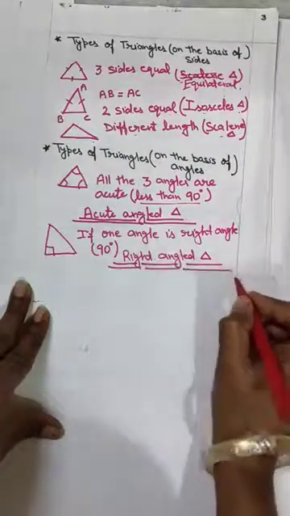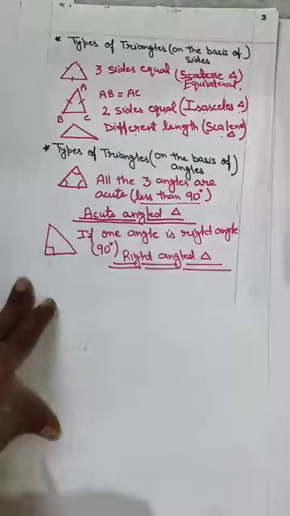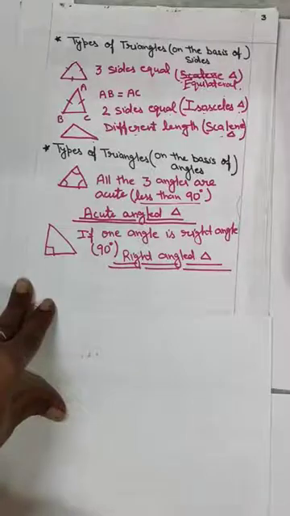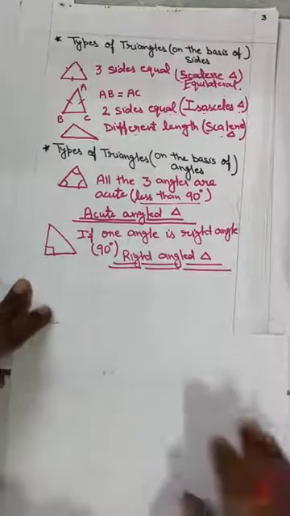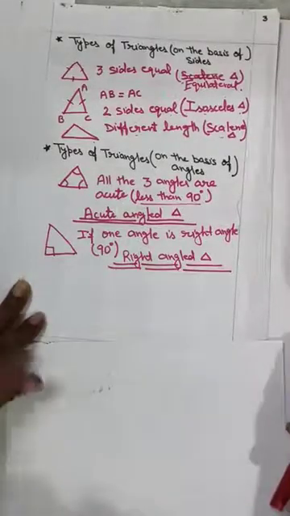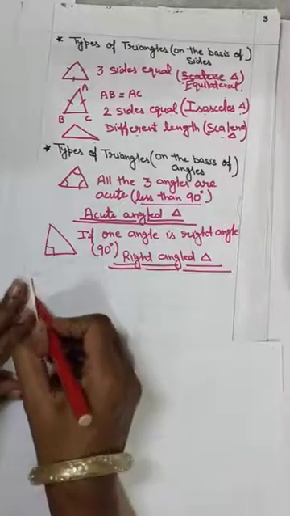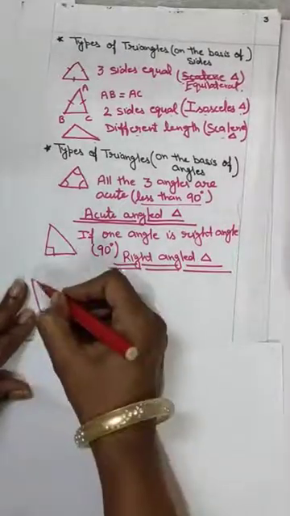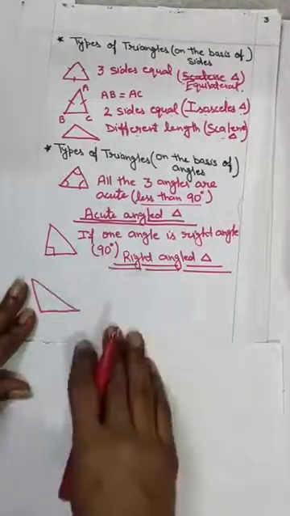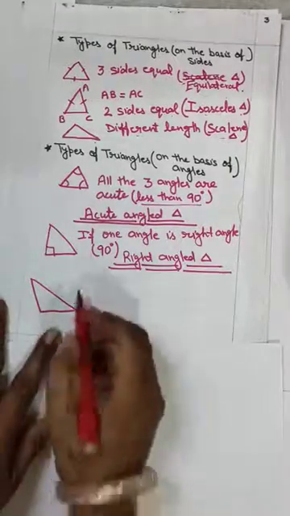Okay, and the third type is obtuse angled triangle, in which one angle is obtuse. It looks like this.